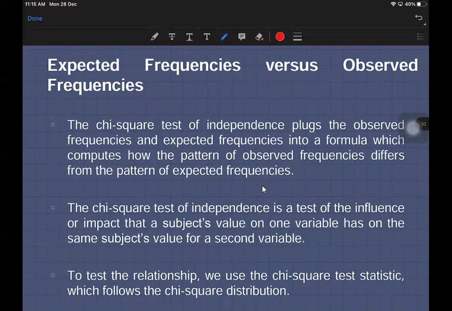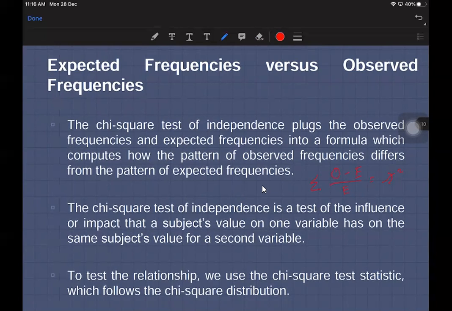So the formula here will be observed frequency minus expected frequency, squared, divided by expected frequency, and we total up. So this is the chi-square test of independence formula. Later on we will try to calculate the same example that we have gone through for expected frequency just now.